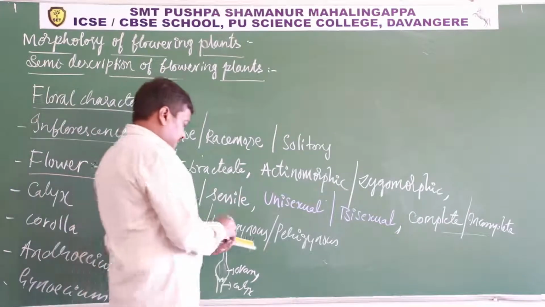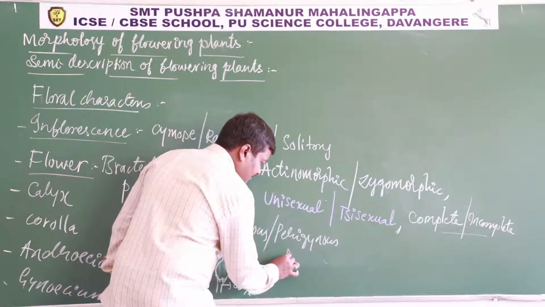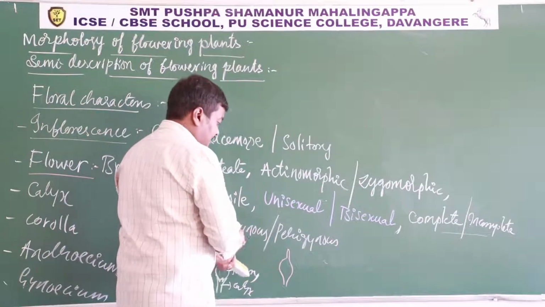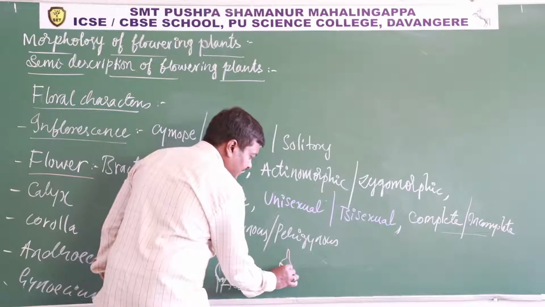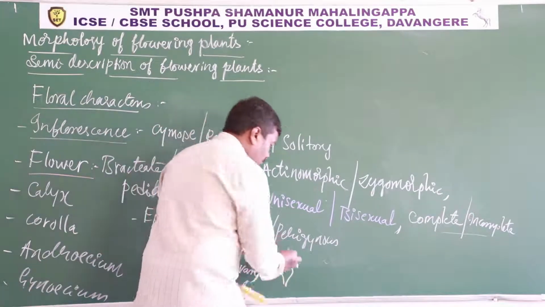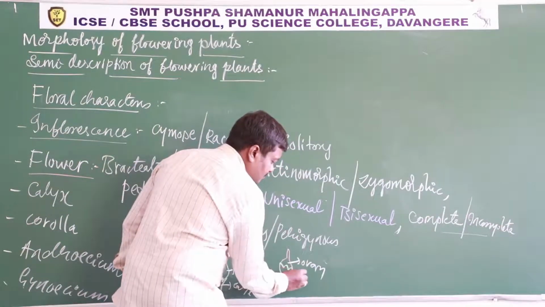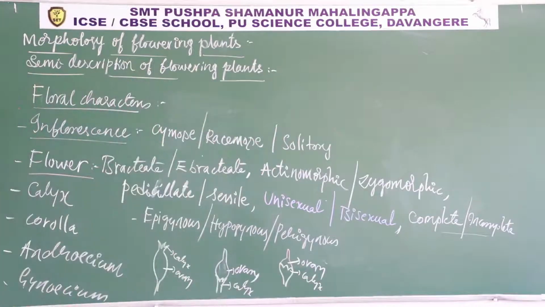Then perigynous. Perigynous means the ovary and calyx are present at the rim of the ovary. The calyx is like this, the ovary is central, and the calyx is at the rim like this. Okay, so this is the ovary, this is the calyx. If it is like this, we call it perigynous.